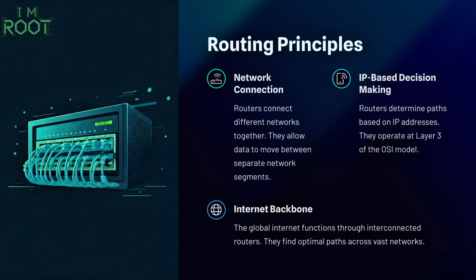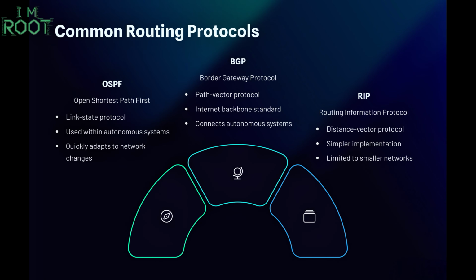They enable the internet to function by finding the best path for data. Routing protocols. Common ones include OSPF, BGP, and RIP. These protocols help routers dynamically adjust paths and handle network changes. Understanding how switching and routing work is fundamental for creating and troubleshooting networks.